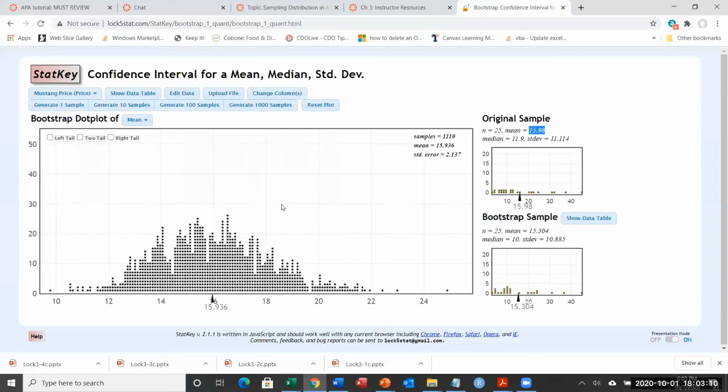That's how we do the bootstrap sampling. And quickly, I'll put in a confidence interval by selecting the two-tail option. Remember the 95% confidence interval we discussed in class: 2.5% is on the left side, 2.5% is on the right side, and here we have the boundaries. The lower bound for this confidence interval is 12.46146, and the upper bound is 20.481. Hope that will be helpful.